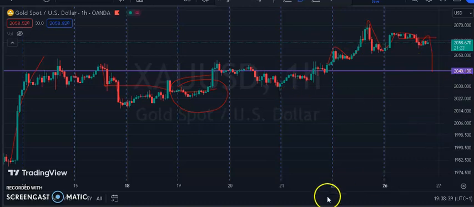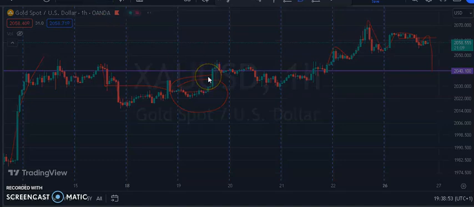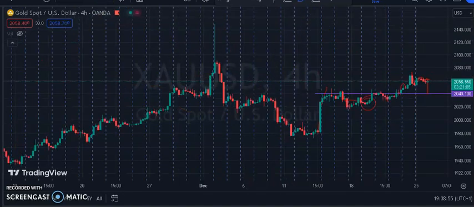So why I don't want to go down to the 15 minutes is because now it's a big time frame. We are looking for a big movement. So definitely our target has to come from the 4 hours. I will be looking for this area as my target, which is this area.